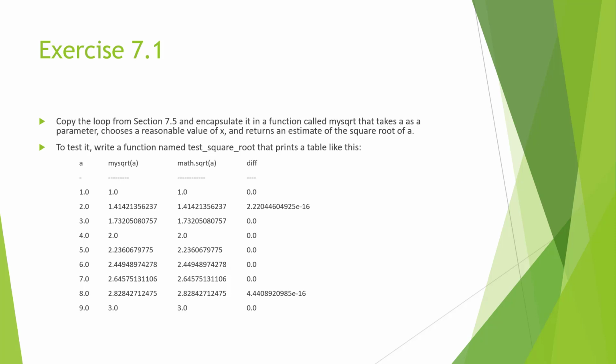The first 2 rows are headers, and the remaining rows, 3 through 11, are the whole numbers, then the square roots, then the math square root function, and the differential. So with that said, let's jump in and see what we can accomplish.